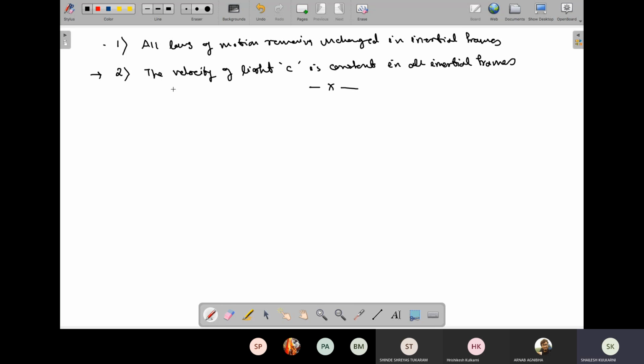So what do we mean by velocity of light? Velocity of light c remains constant in all frames. Consider two frames k and k prime.